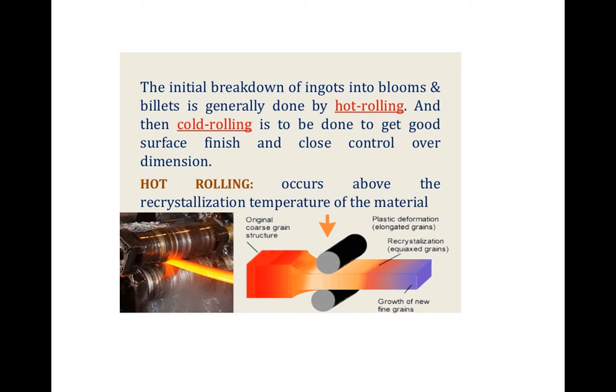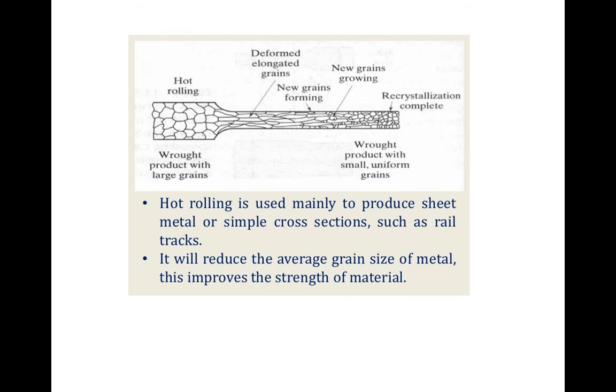So hot rolling is used for the breakdown of ingots into blooms and billets. When you require close control over dimensions and a good surface finish, then the cold rolling process is used. Hot rolling occurs above the recrystallization temperature.